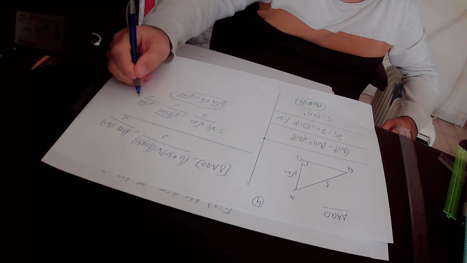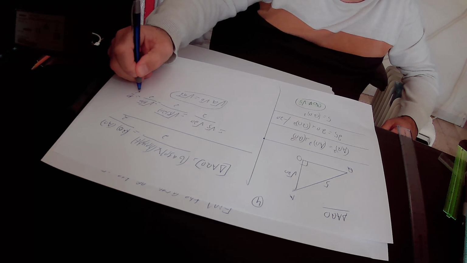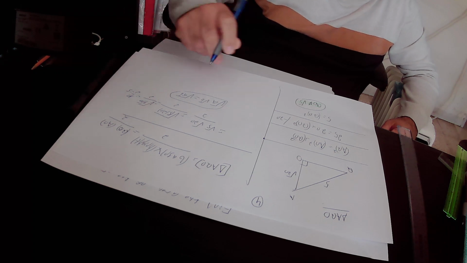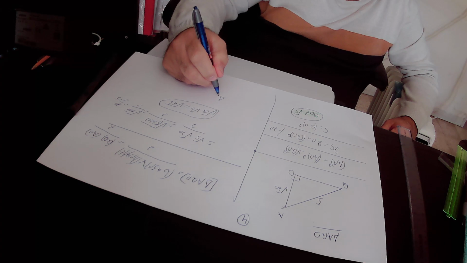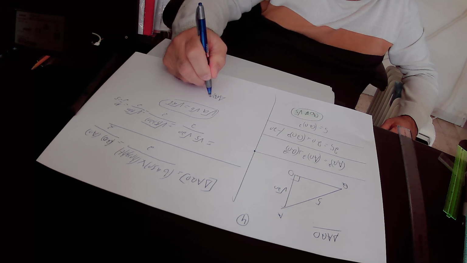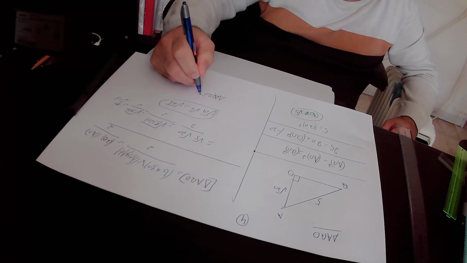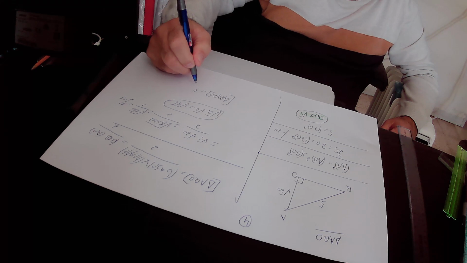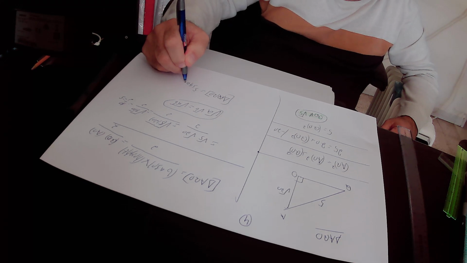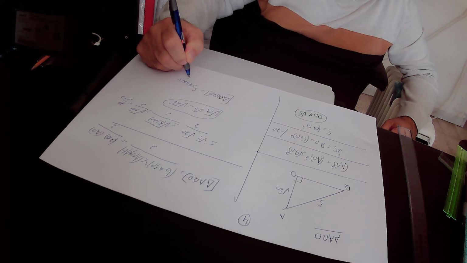The square root of 100 is 10, and 10 over 2 is 5. So in conclusion, we found that the area of the green right triangle AQO is equal to 5 square units.